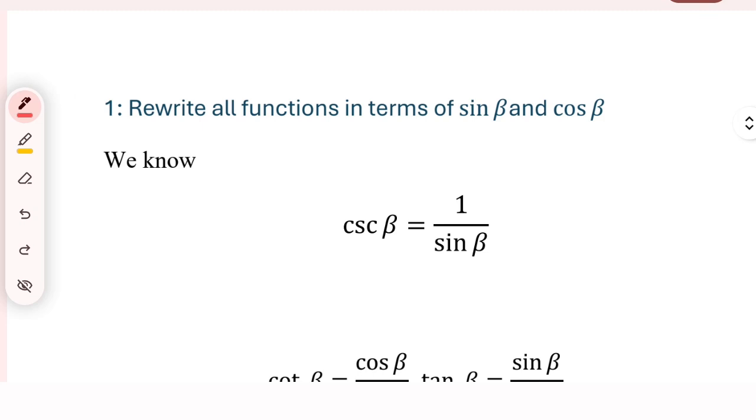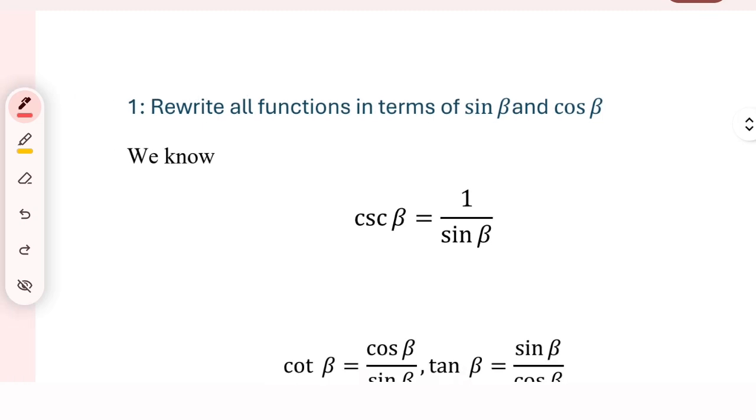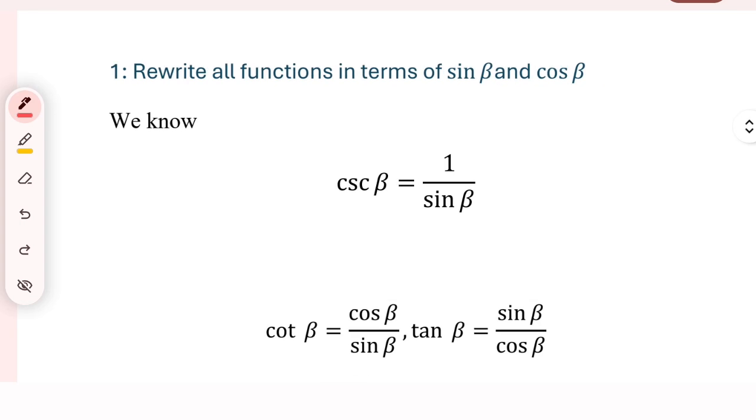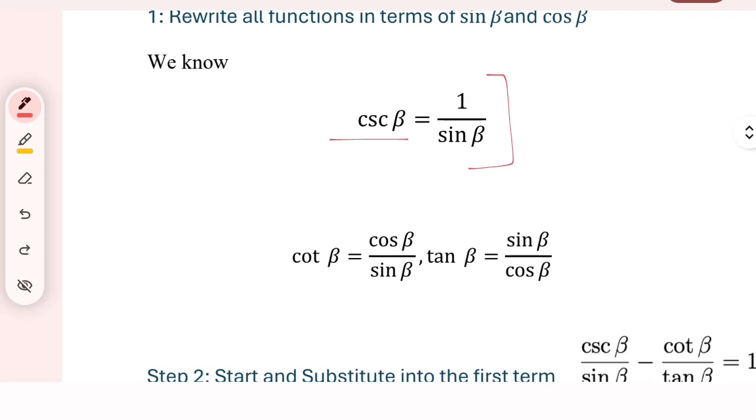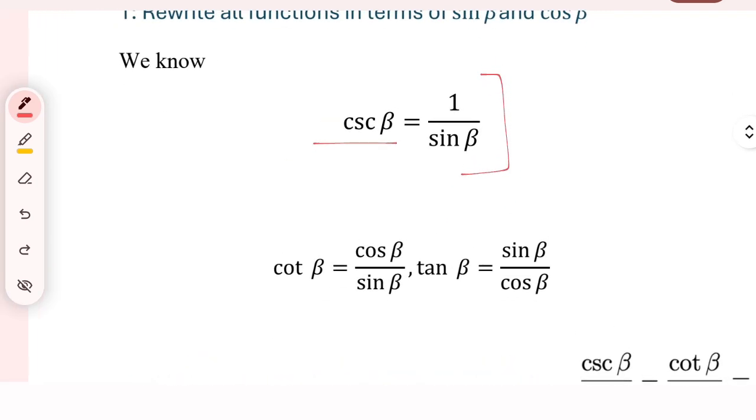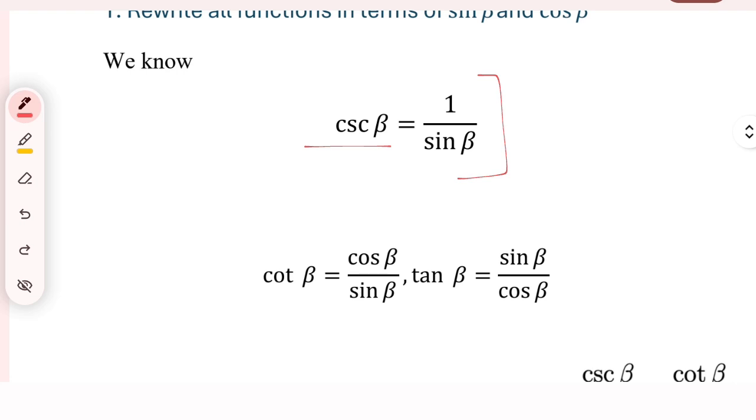In the given, we have a cosecant, right? We can rewrite cosecant as 1 over sine beta. Cotangent, we also have an identity for it: we can write it as cosine over sine.